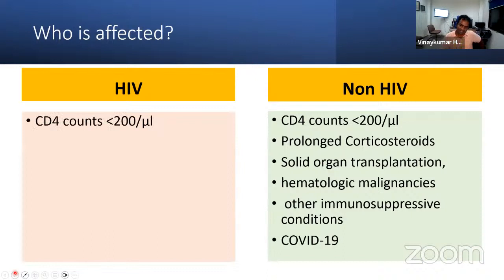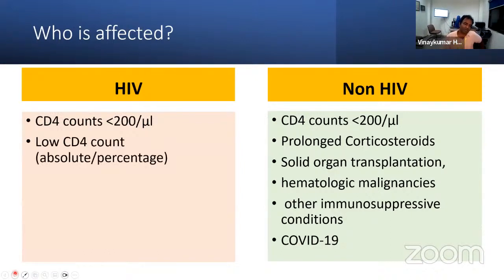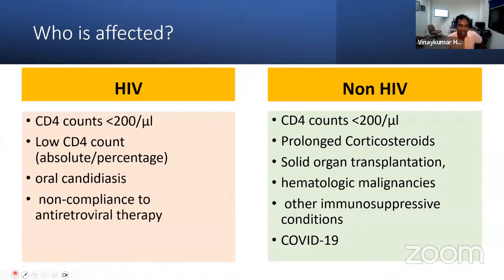In HIV, again CD4 count less than 200, low CD4 count, absolute or percentage, oral candidiasis. In patients with HIV and oral candidiasis, they are at risk for development of PCP, or who are non-compliant to antiretroviral therapy. Now, this completes my session on pneumocystis.